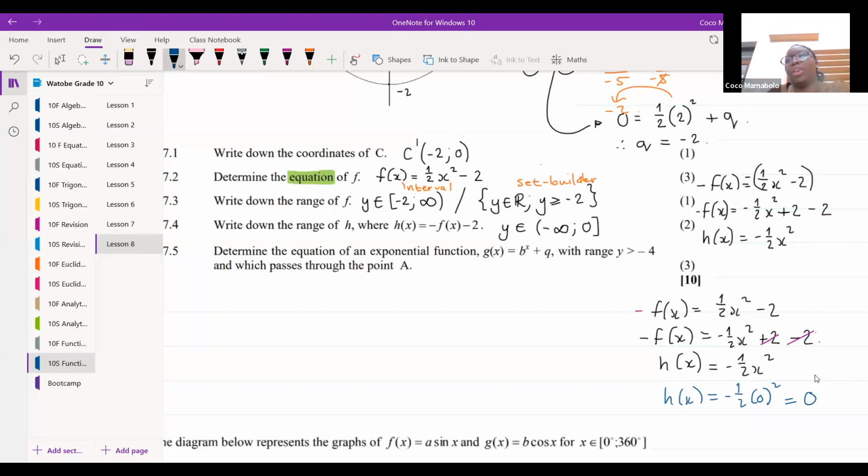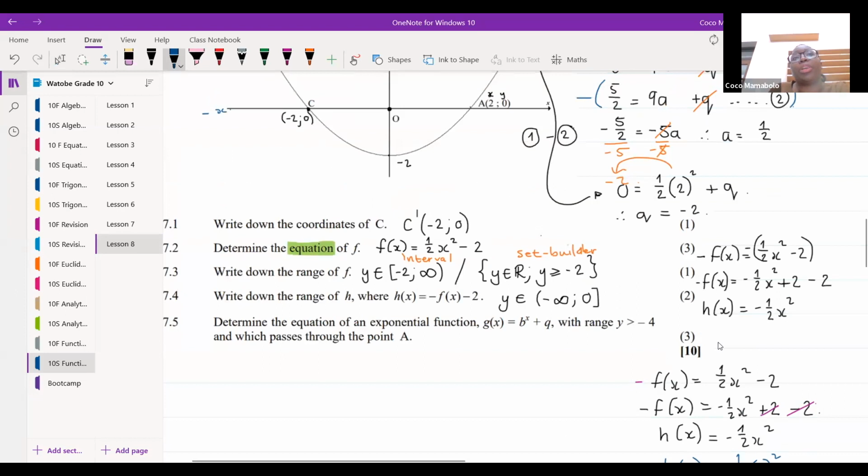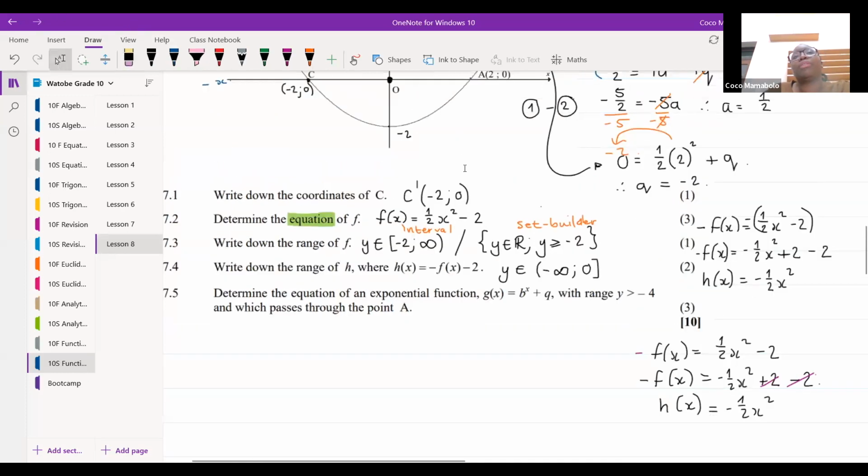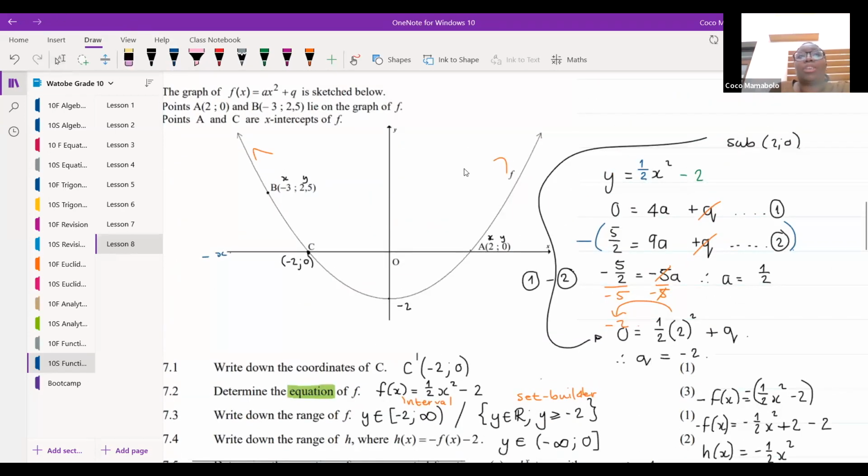So my graph needs to go through the point 0, 0, right through the middle. Now, is it a smiley graph or a frowny graph? It's negative a half x squared, by the way. It's a frowny graph, which means it goes from this part here and it goes down like that. Now the question says, give us the range of this new graph.